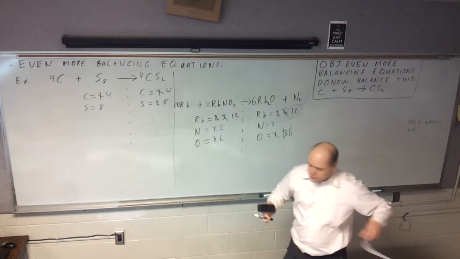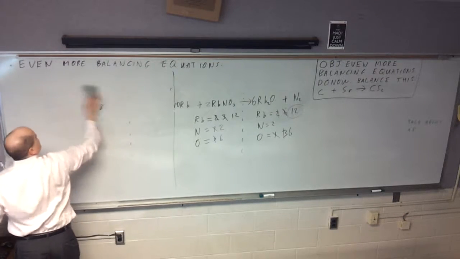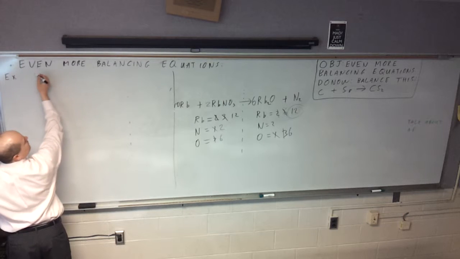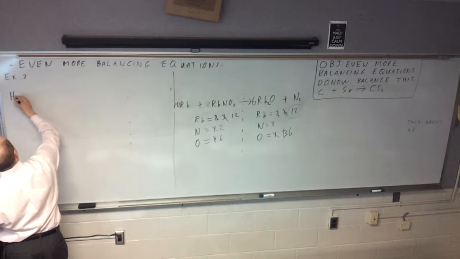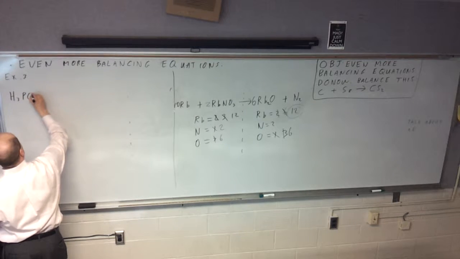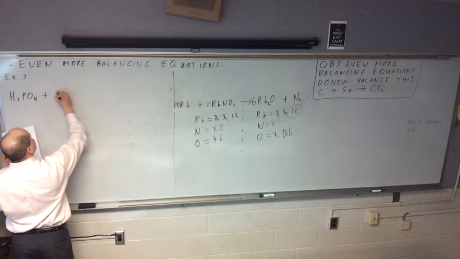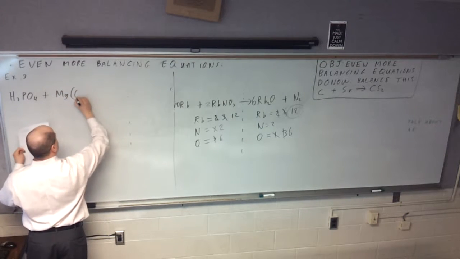All right, let's do one that's a little bit harder, and this will be the last one today. We can call this example 3 if you want. This one we're going to have H3PO4, that's called phosphoric acid, with magnesium hydroxide.